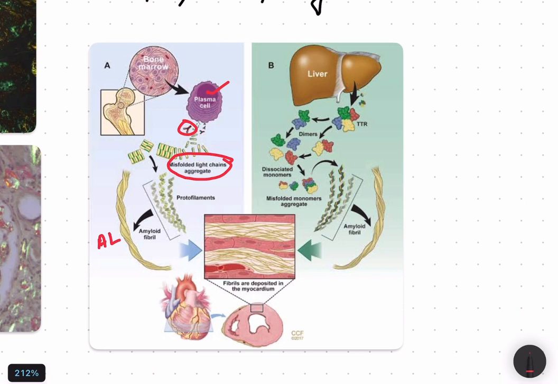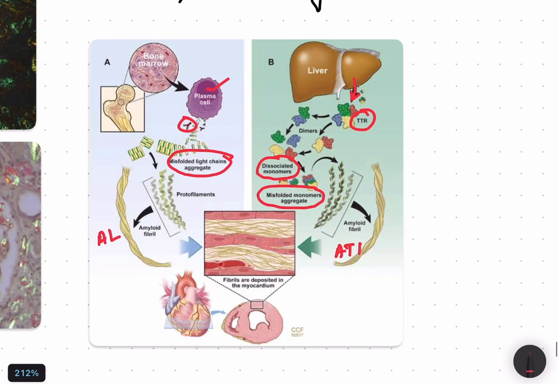Understanding? Like in case of the liver producing the transthyretin protein, that transthyretin protein is normally in tetramer form, but when dissociated monomers are there, these misfolded dissociated monomers will aggregate and form amyloid protein, that is ATTR. That is very important.